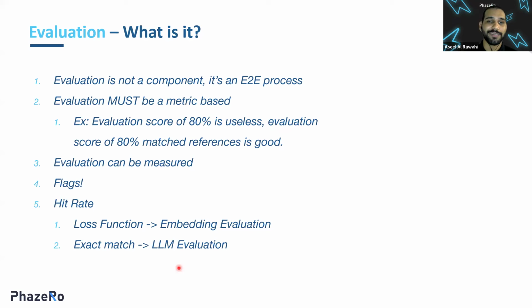So, for example, an evaluation score of 80% is basically useless in our case, because we don't understand what that 80% really means. So an evaluation score of 80% match to references is good because it's actually mapping that metric into a certain criteria, and we have our evaluation number that we can utilize to see if our large language model is performing.